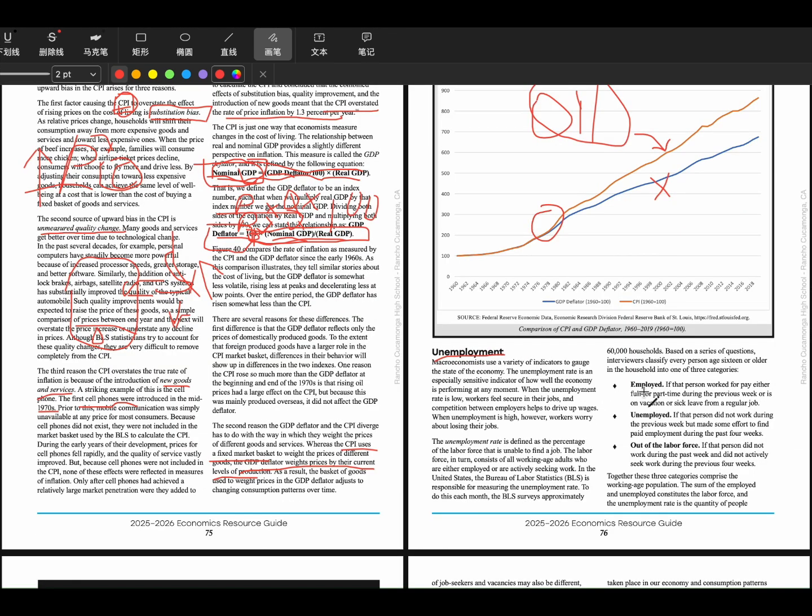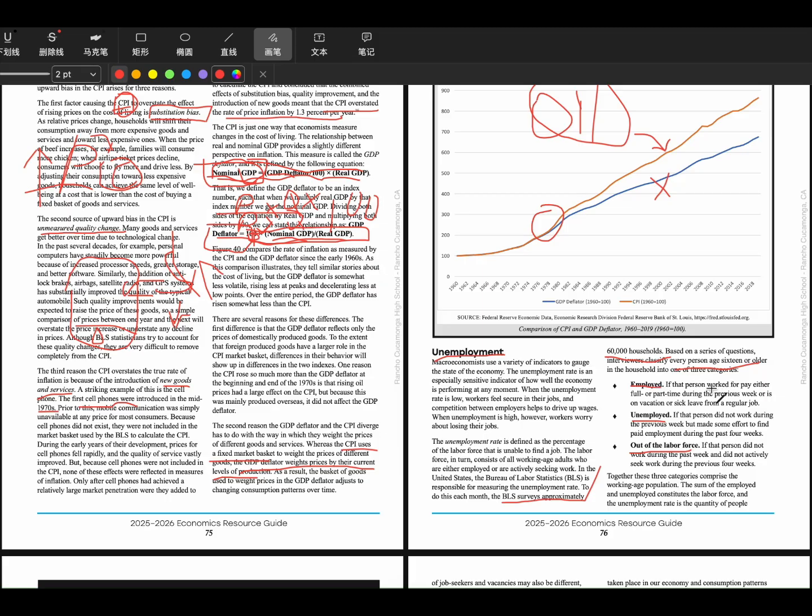About unemployment on a deeper level. First we have to memorize what the BLS actually surveys when it tries to find the unemployment rate. It surveys 60,000 households on a series of questions to classify every person that is 16 or older into three categories: employed, unemployed, out of the labor force.